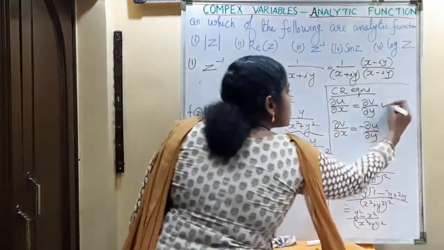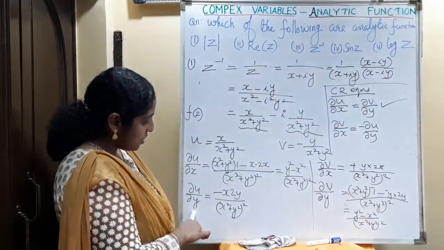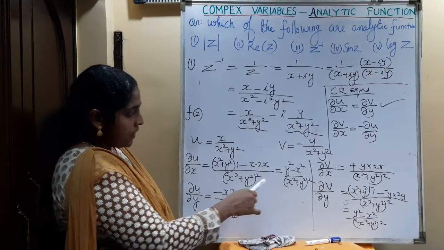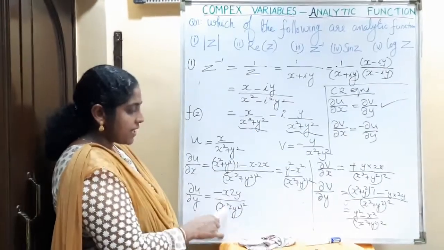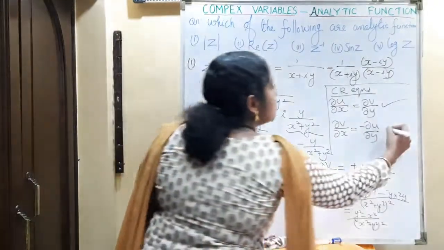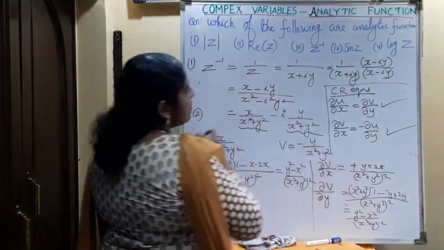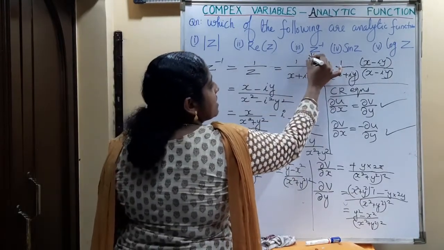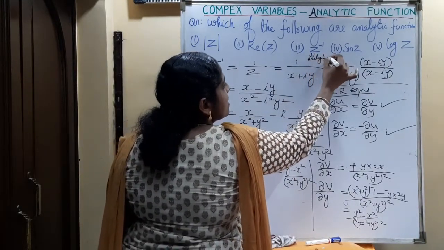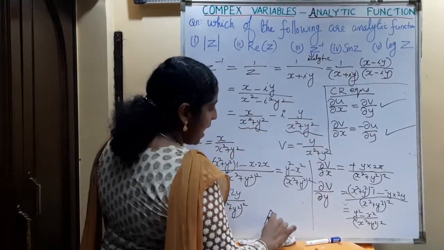So it obeys the first Cauchy Riemann equation. The second Cauchy Riemann equation is dou V by dou X is equal to minus dou U by dou Y. That is also satisfied here, minus 2XY by X square plus Y square all square. So this also holds. So the given function z raised to minus 1 is analytic.